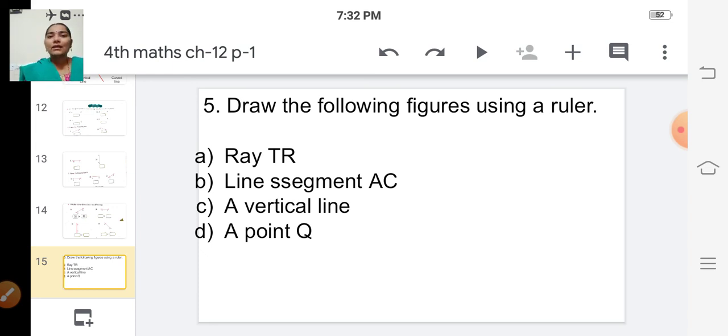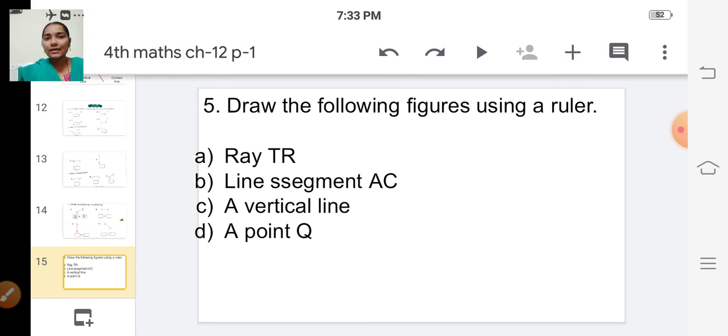A line segment means take 2 points and join those 2 points. That's enough. It has only fixed length. We cannot extend from any side. A line segment has fixed length and 2 endpoints. Next one is ray.